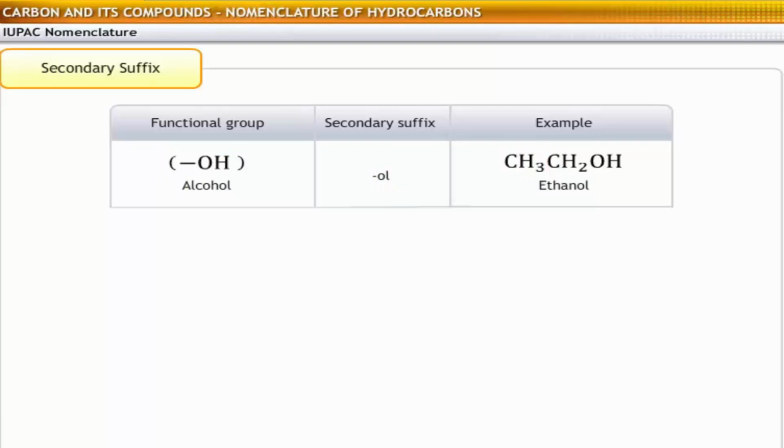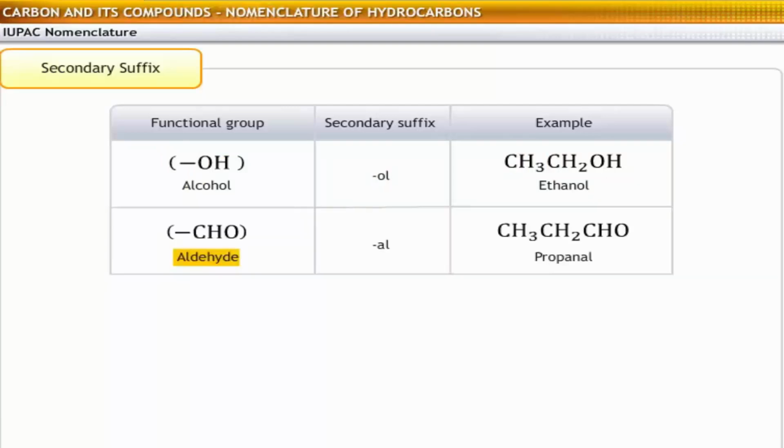Using the same set of rules, let's try to find out the IUPAC name of an aldehyde. Take the example of a molecule of aldehyde. It contains 3 carbon atoms, so the root word should be "prop". There are no double bonds between the carbon atoms in an aldehyde molecule.